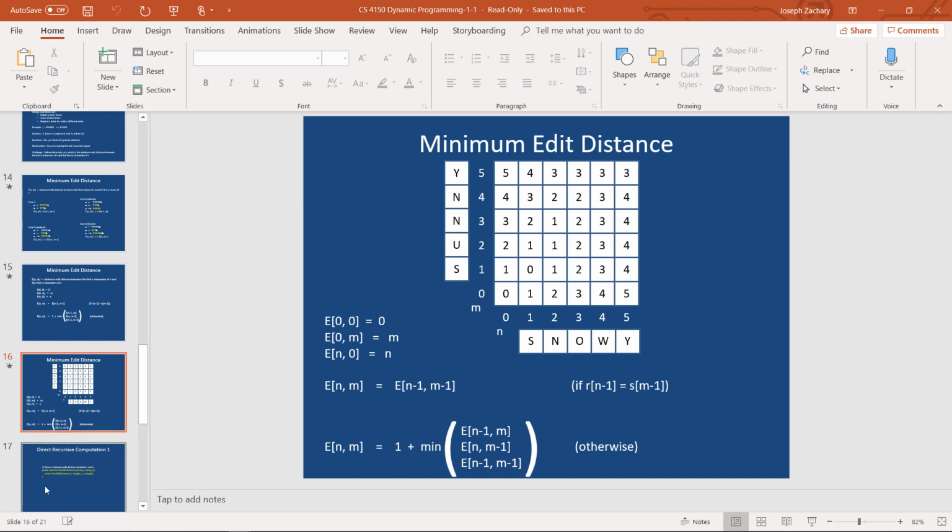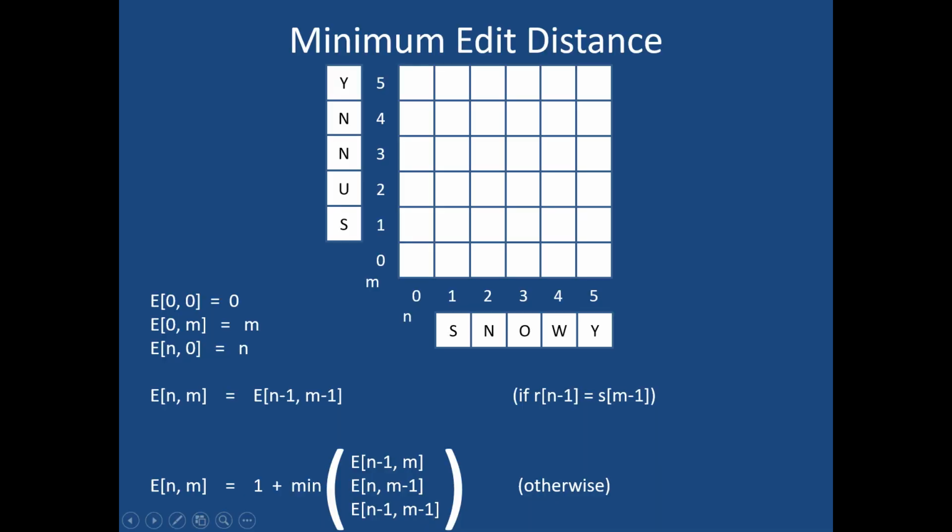All right, so we were looking at minimum edit distance at the end of class last time, so we'll return there. And as you recall, we decided that the way we would approach the problem is by characterizing the minimum number of edits it takes to convert the first n characters of a string R into the first n characters of a string S. The overall solution is when these two numbers equal the total length of the strings.